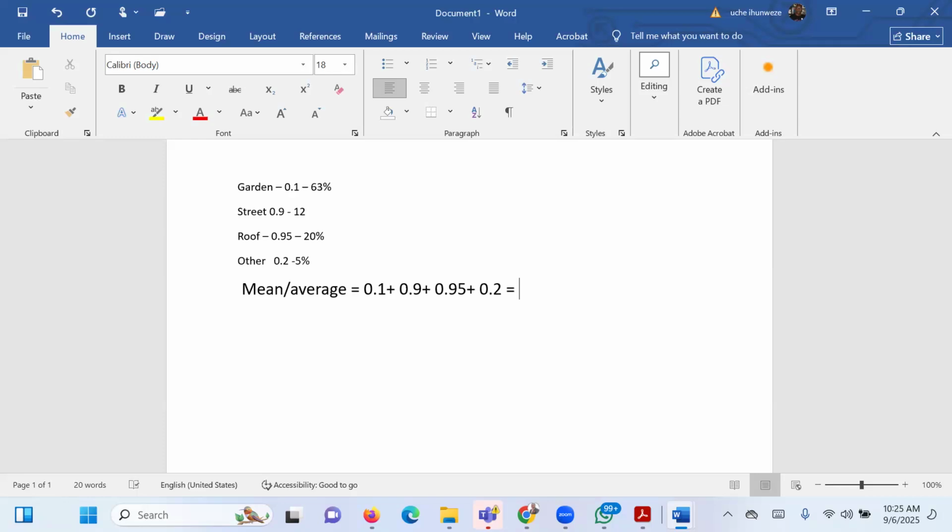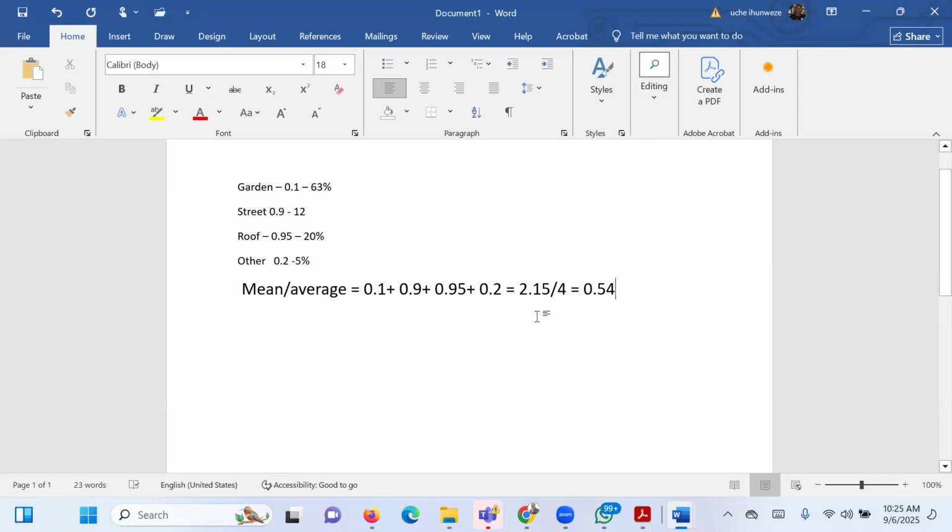So this is 0.1 plus 0.9 plus 0.95 plus 0.2. The answer is 2.15 divided by 4. It's giving us 0.54. So the average of this value is 0.54.